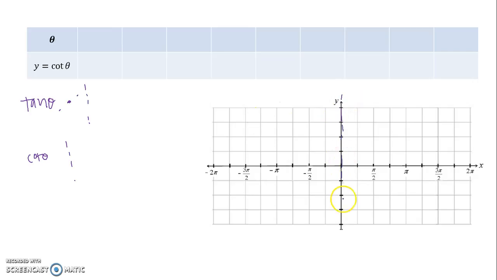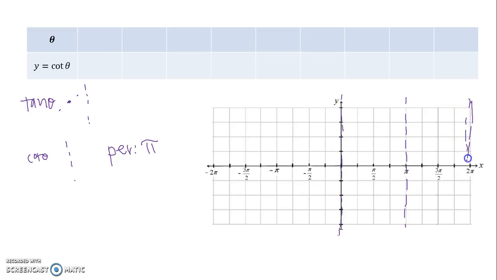So cotangent, just like cosecant, if that helps you remember, starts at asymptotes. Cosine doesn't because it doesn't have any asymptotes. And then because my period for tangent was pi, so is my period for cotangent. So I can space those asymptotes out by pi.